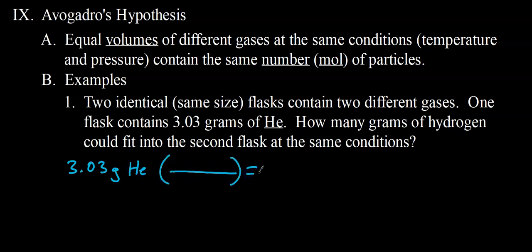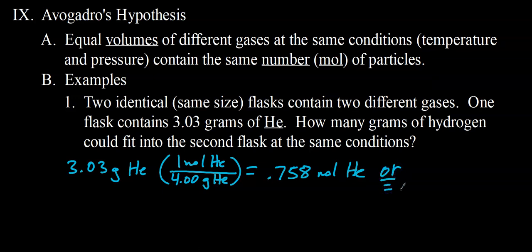Pause the video. So we get that this container can hold 0.758 moles of helium, or more importantly, any gas, including hydrogen. So the question is not how many moles of hydrogen can fit into that second flask that's the same size and at the same temperature and same pressure, but how many grams.